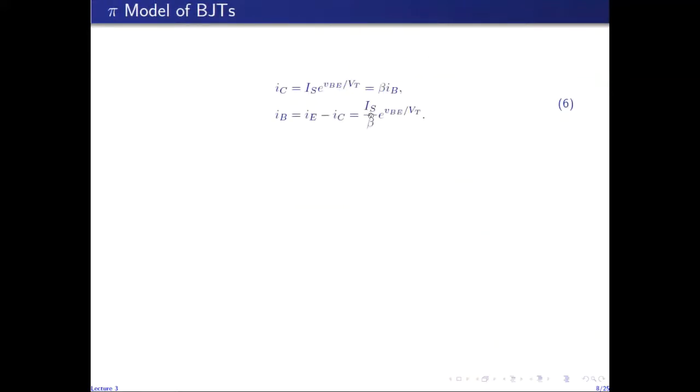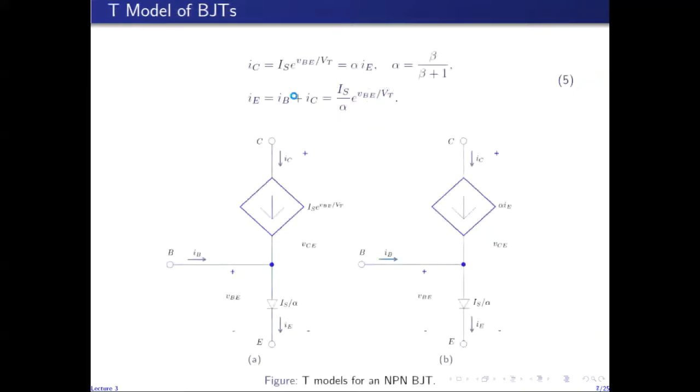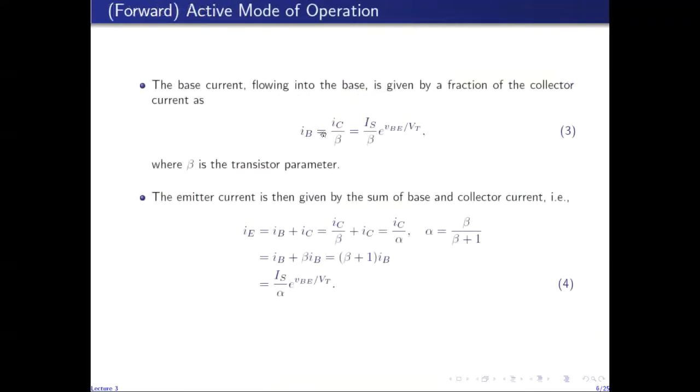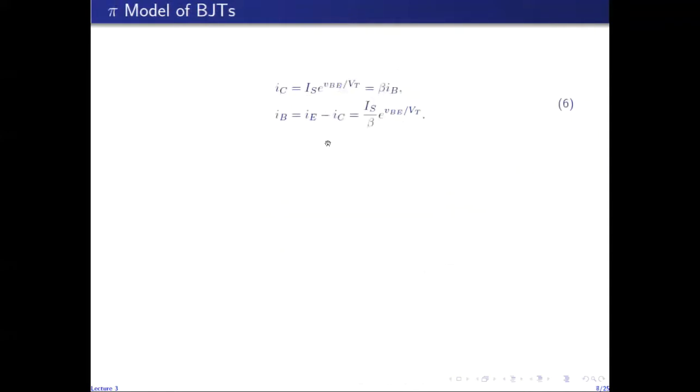By manipulating the equations for the collector current and the base current, we can represent the collector current by shuffling this expression, and we can represent it in terms of base current as beta times IB. Similarly, since the emitter current is the sum of collector and base current, base current can be written in terms of the emitter and collector current like this, where this expression follows from this equation.